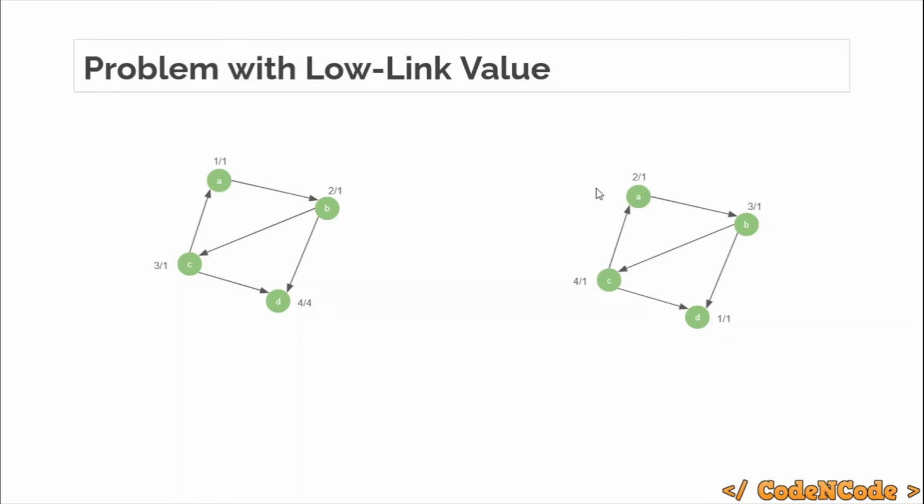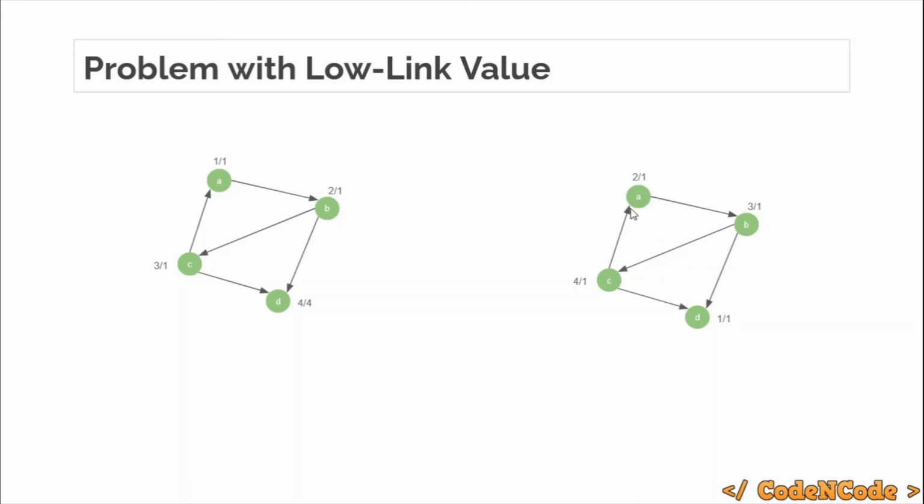So the second time, you make a DFS call to node A. If you make a DFS call to node A, all of these 3 nodes A, B, and C will get visited. Now see here, all of the 4 nodes have the same low link value. Remember the first question. Now you see there are, to be precise, 2 strongly connected components, but still there is only a single low link value.